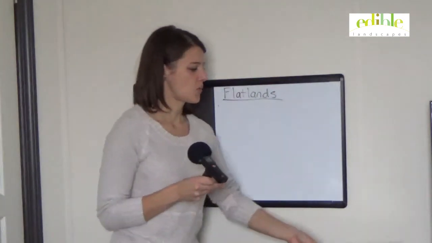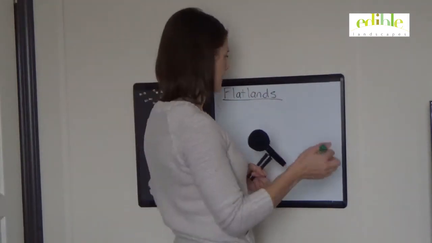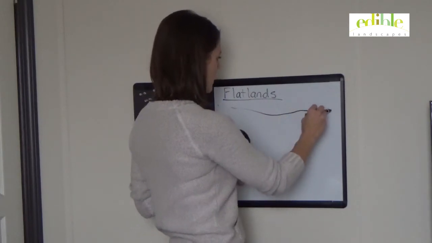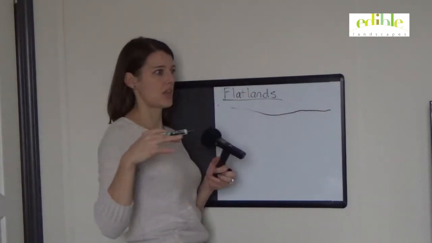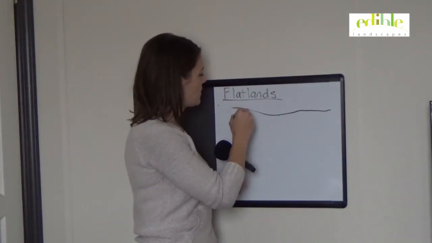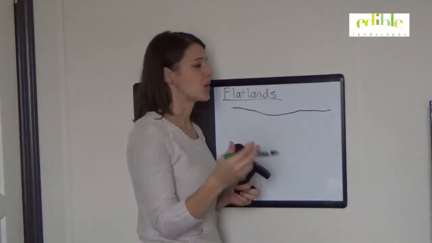So when you're putting the swales into flat land, you only need to make sure that the bottom of your swale is flat. So if you have flat land that's kind of undulating a little bit, but overall there's really not much of a change in elevation, you have a little bit more flexibility as to where that swale is going to go.